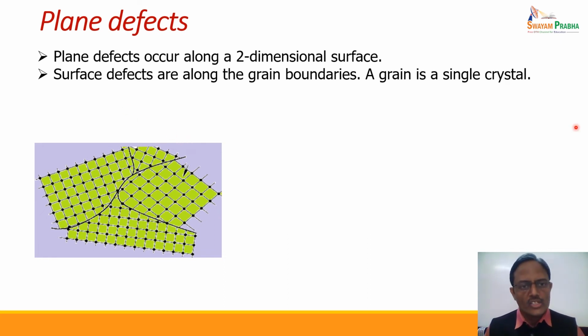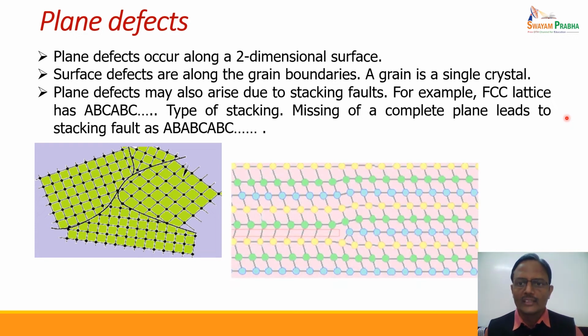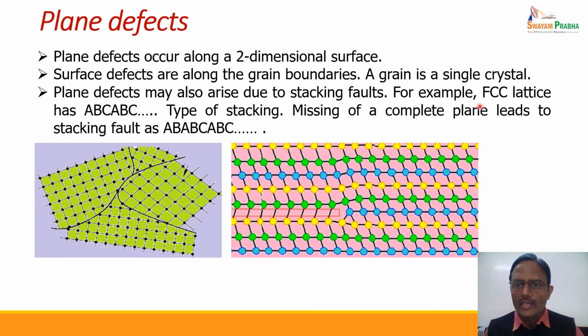Secondly, plane defects may also arise because of stacking imperfections or stacking faults. For example, if we consider the FCC lattice, it has a stacking sequence A, B, C, and so on. But if one of these is completely missing, for example, if the C layer is completely missing, the pattern becomes AB, ABC, and so on.